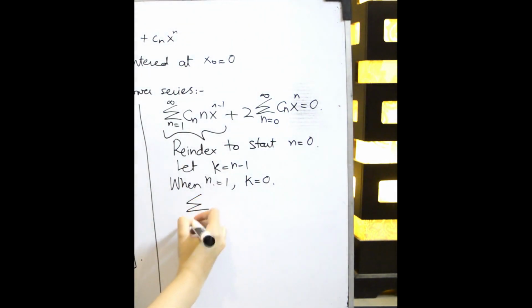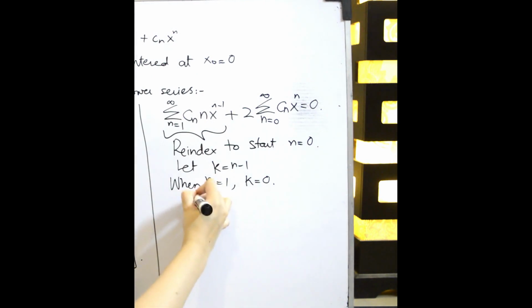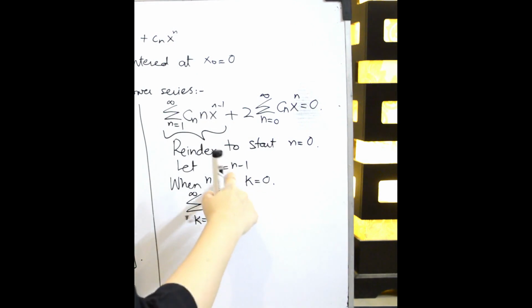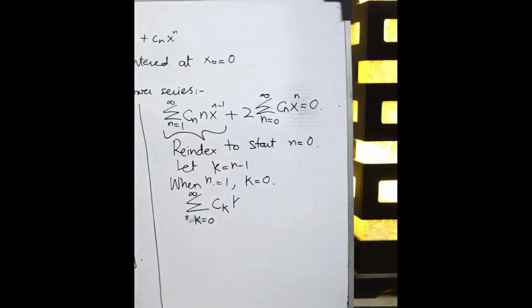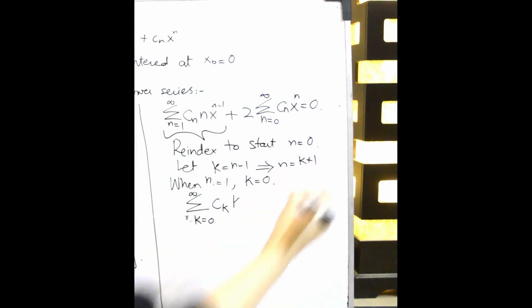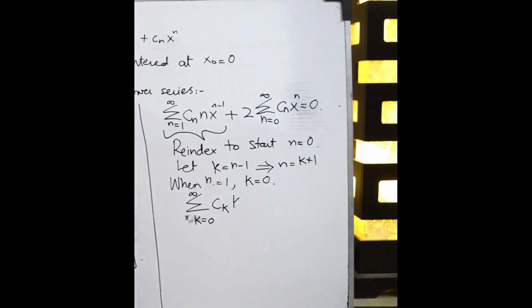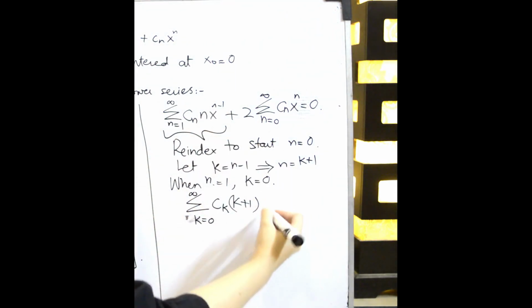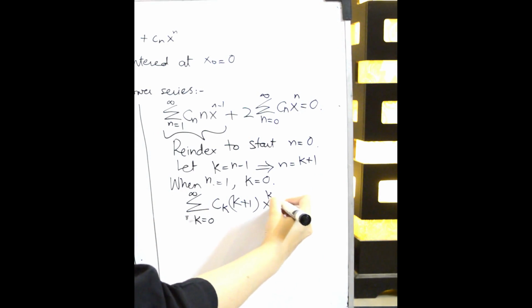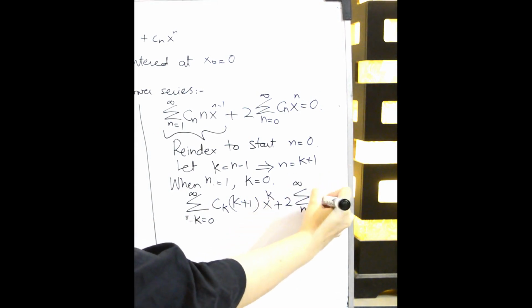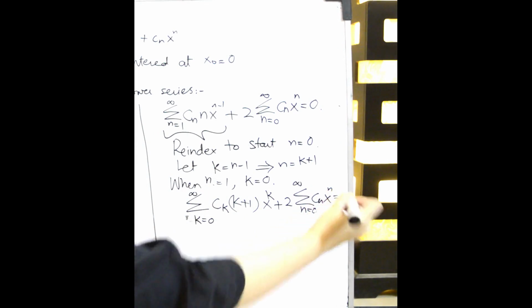So this term becomes the sum from k equals 0 to infinity of c sub k plus 1 times k plus 1, instead of n minus 1, with n equal to k plus 1, and x to the power k. The second term stays as it is: cn x to the power n equals 0.